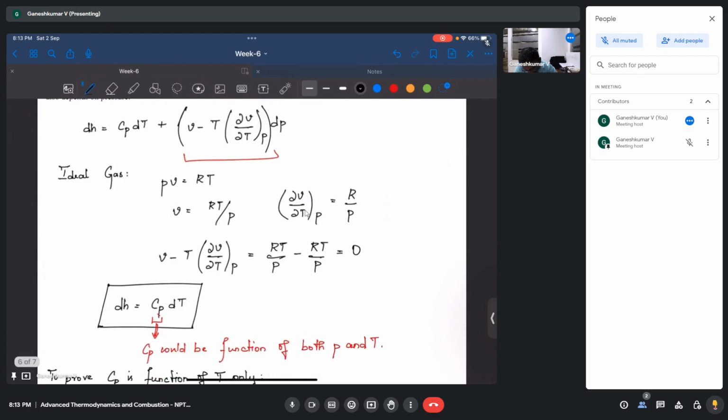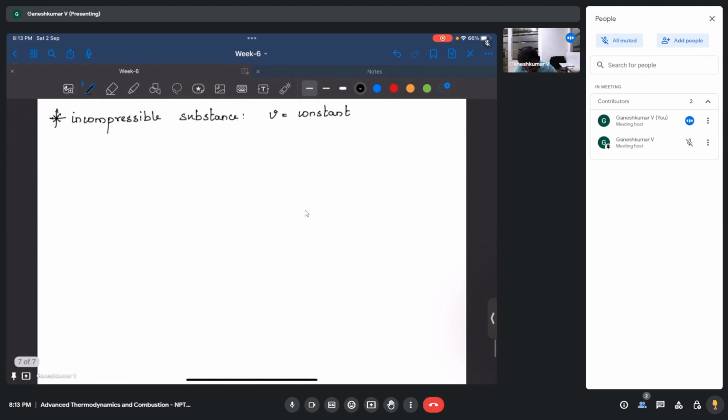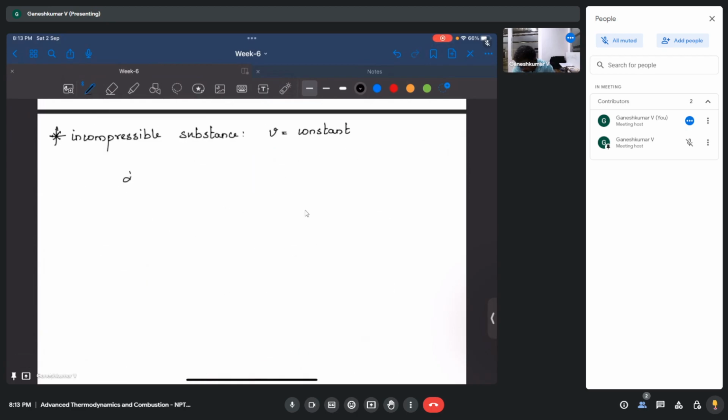dH equals Cp dT plus [V minus T (∂V/∂T) at constant P] dP, right?